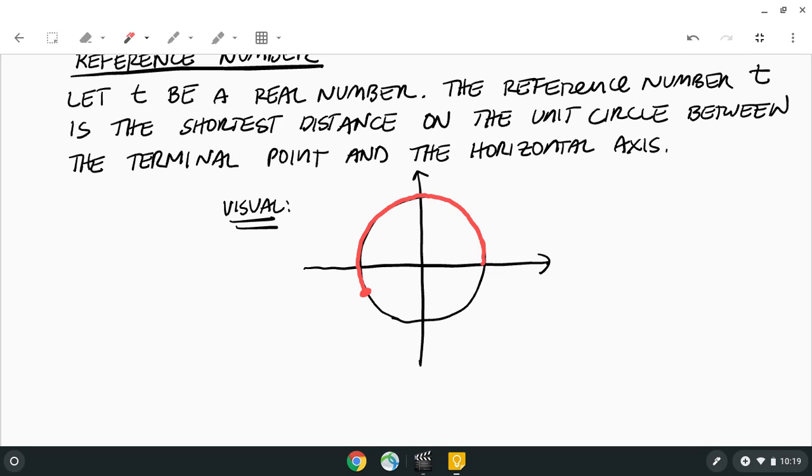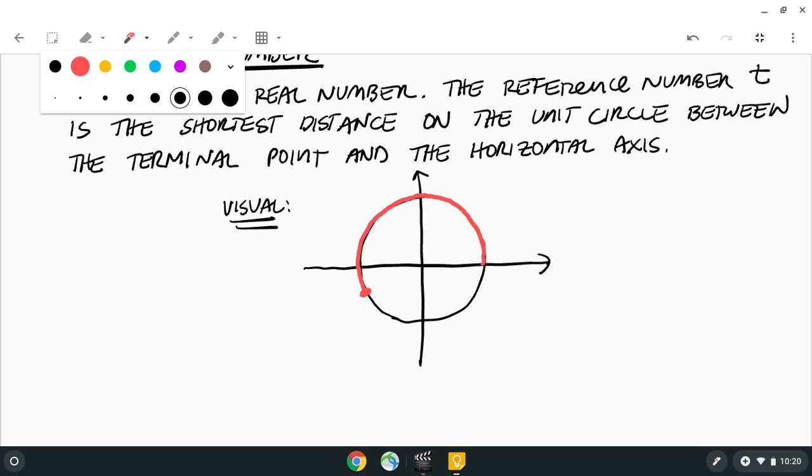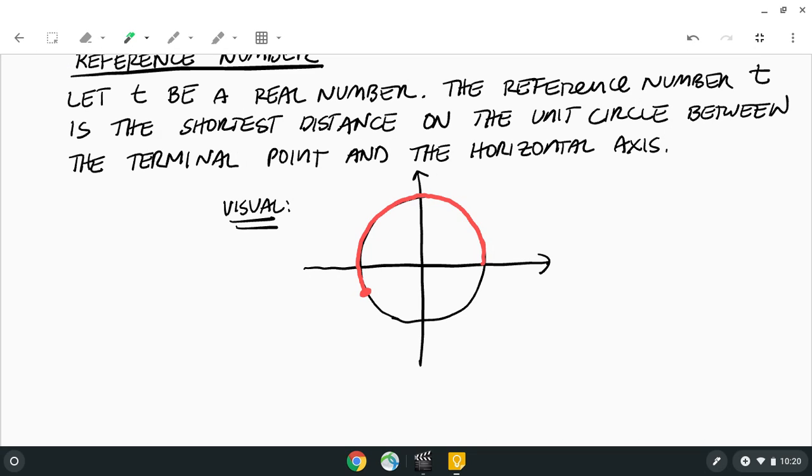When they talk about the reference number, they're not talking about the full distance traveled. They're talking about only this part here, the shortest distance from your terminal point, which is that dot right there, and the x-axis. So what they're talking about is this short distance between the x-axis and your terminal point.